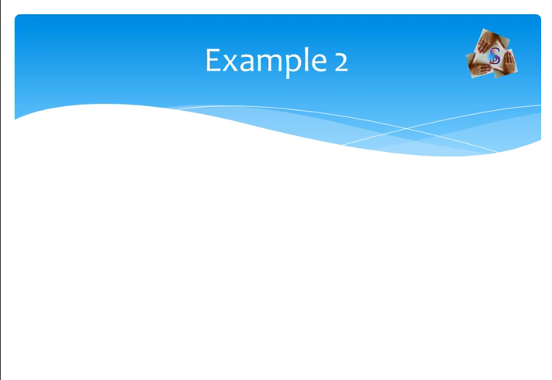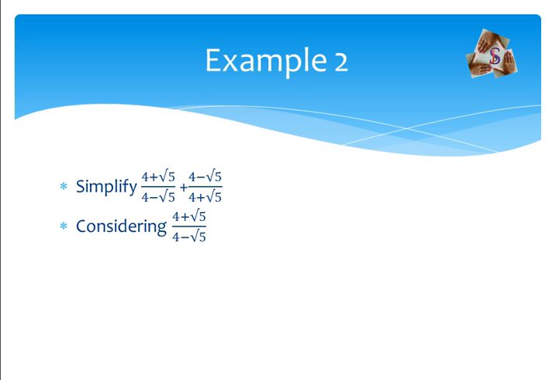Proceeding further on with our next example. Simplify 4 plus root 5 by 4 minus root 5 plus 4 minus root 5 by 4 plus root 5. So I will consider one at a time. So I consider first 4 plus root 5 by 4 minus root 5. I rationalize it by multiplying with its conjugate.